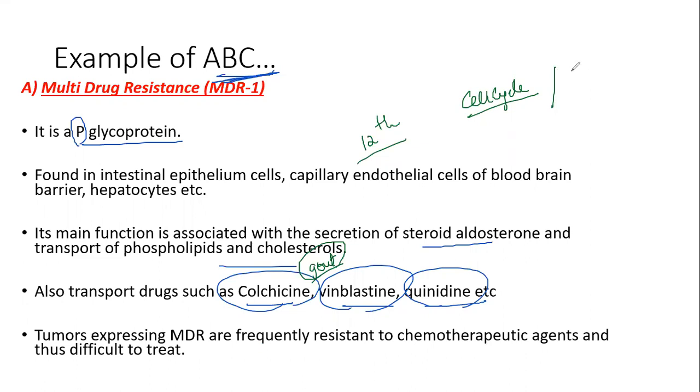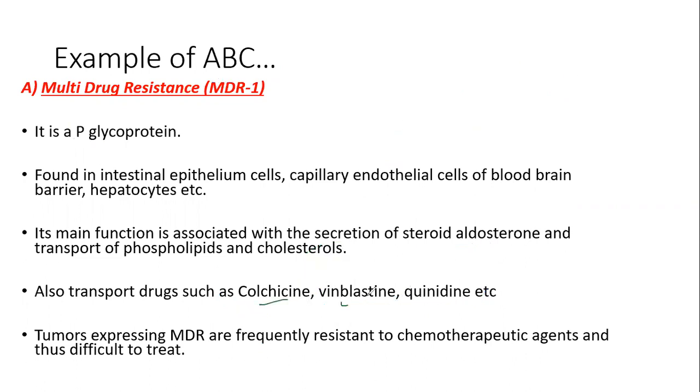Okay, I guess you can give up now. I'll tell you the answer. Colchicine, vinblastine, all these are compounds that will block your mitosis.